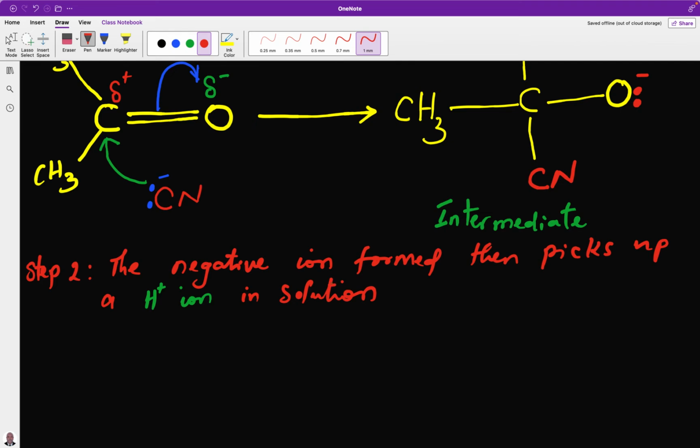The negative ion form, which is the intermediate, picks up a hydrogen ion in the solution.